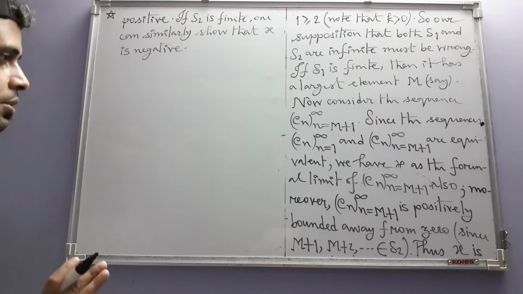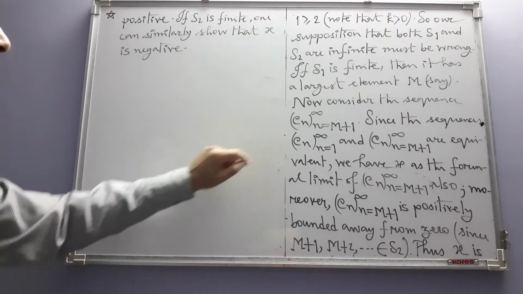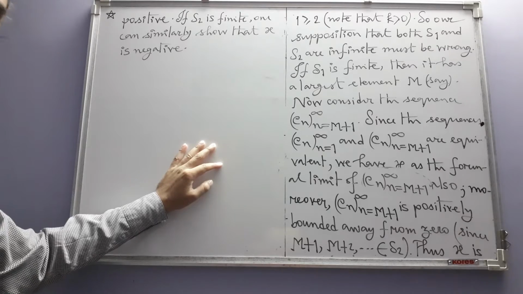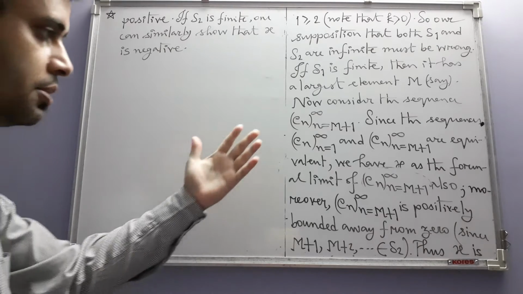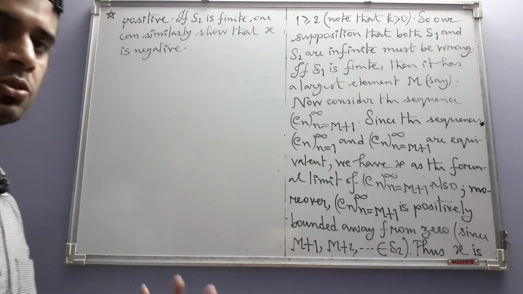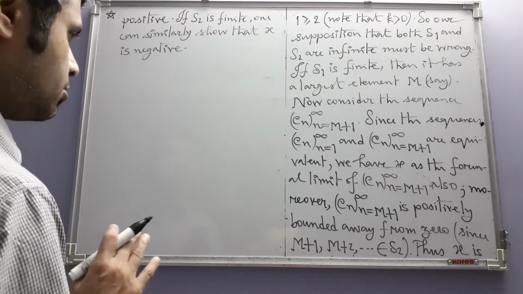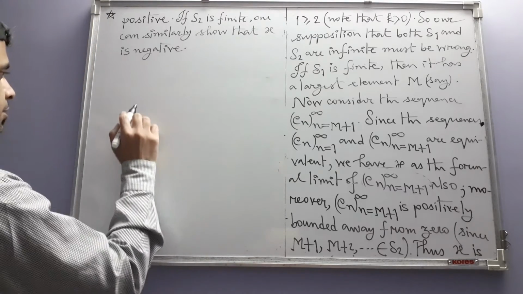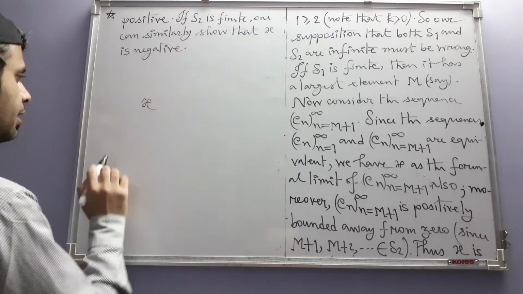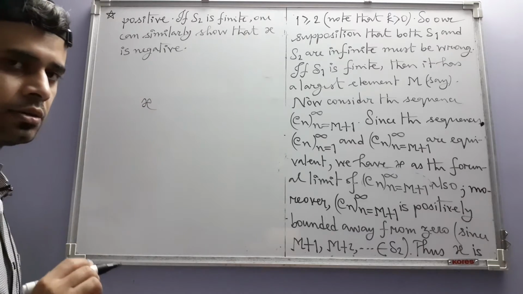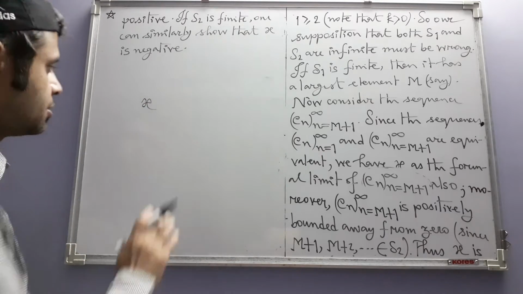So this proves that if a real number is non-zero, then it is either positive or negative. That means of the statements A, B and C, at least one is true for a given real number x. Okay, now we go to the next part, which tells us to show that x is negative if and only if minus x is positive.